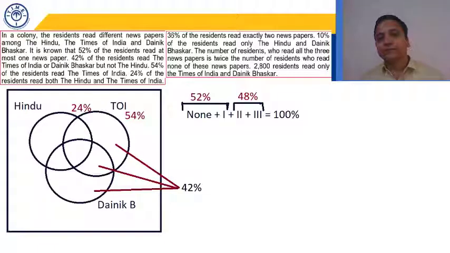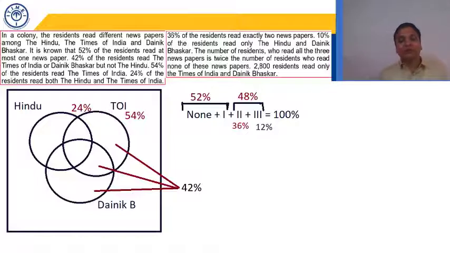Moving further, 36% of the residents read exactly two newspapers. Just see, 36% read exactly two newspapers. Now exactly 2 plus exactly 3 is 48%. So if exactly 2 is 36%, we can safely say exactly 3 is 12%, 48 minus 36.